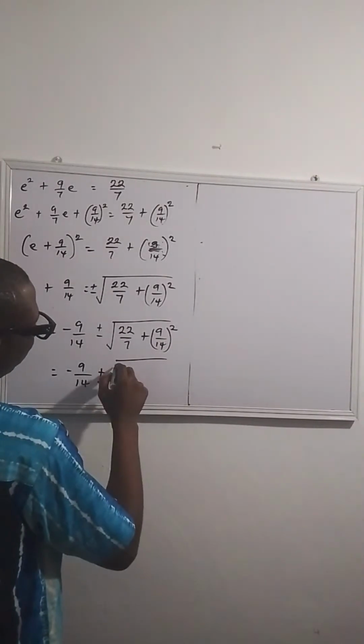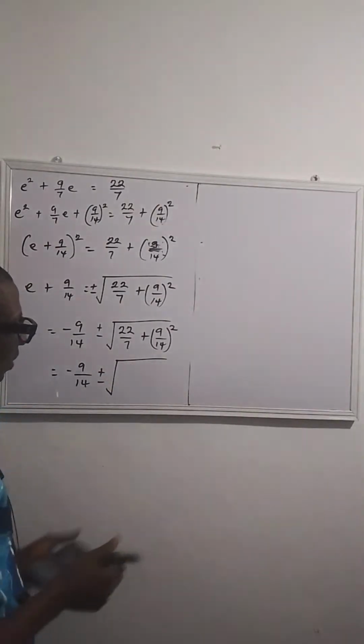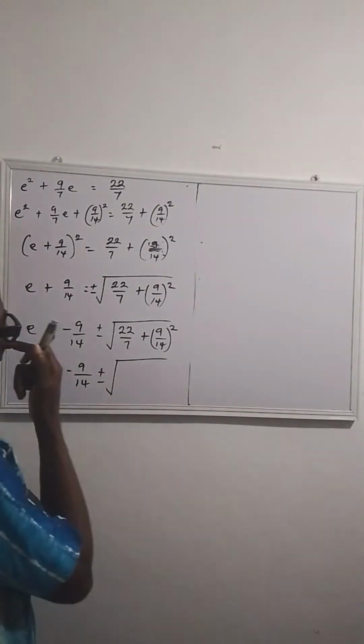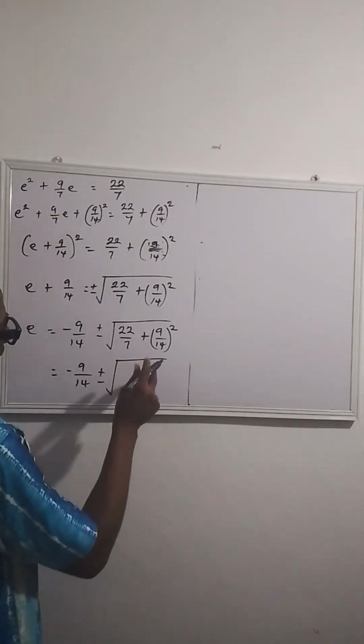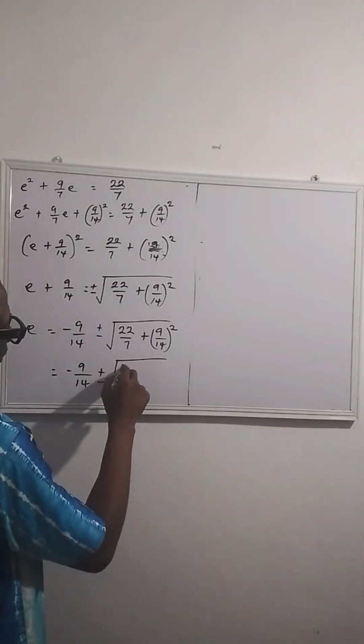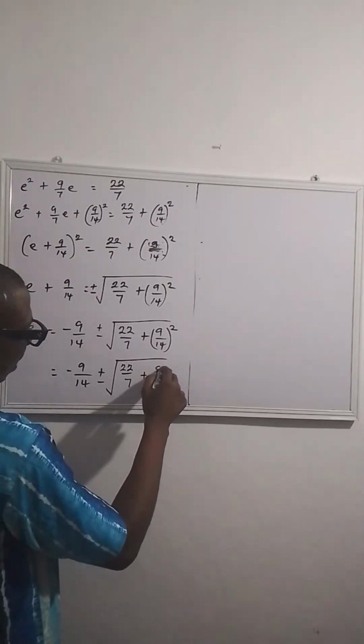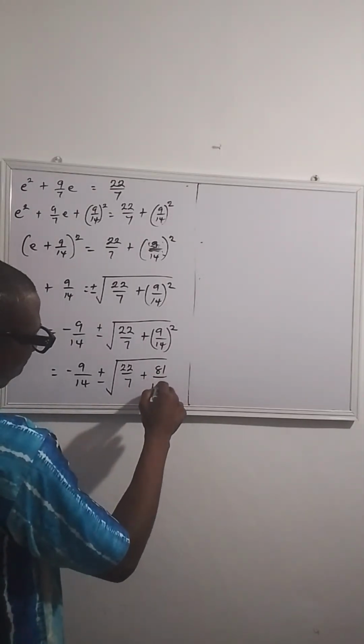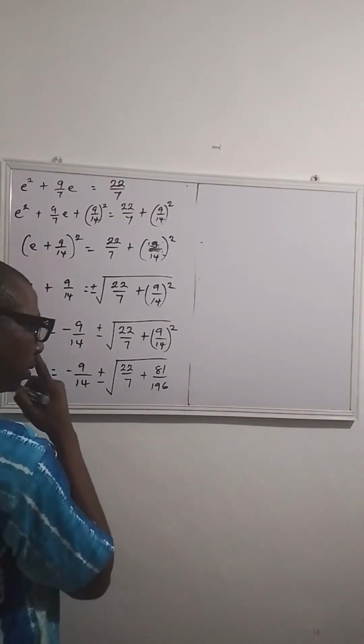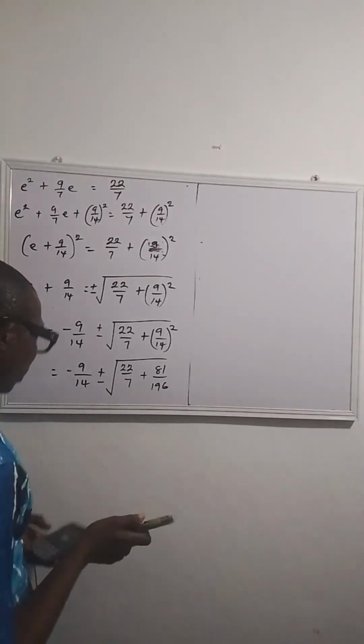Okay, so to do this, let's do it step by step instead of finding the square root directly. So we can have it as 22 over 7 plus 81 over 196. Let's do it that way.